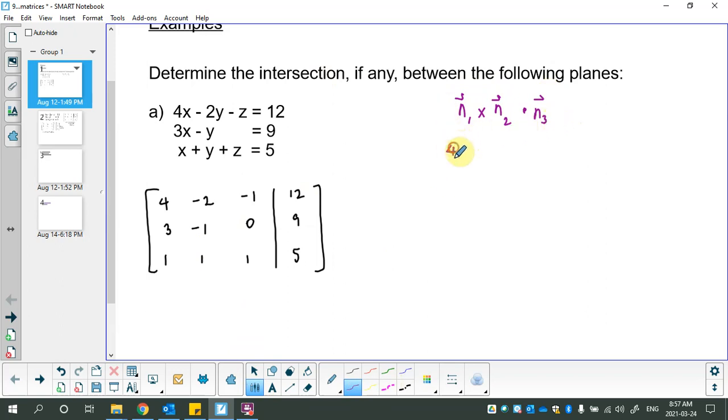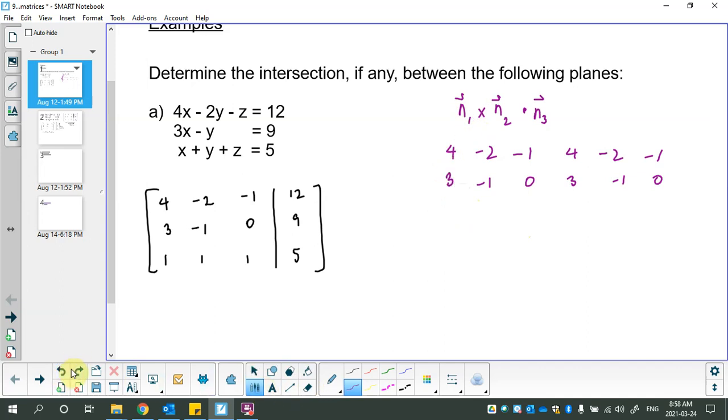So I'm going to take 4, -2, -1, n1, and cross it with 3, -1, 0. Now, if you used n3, that's not good.